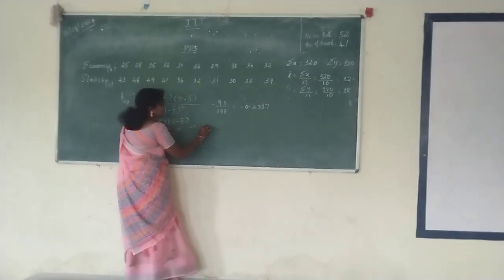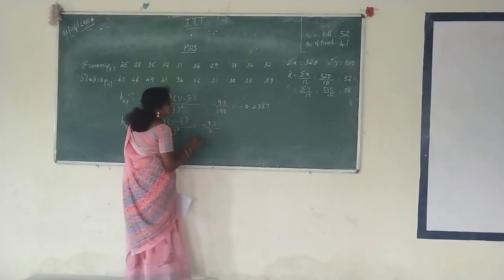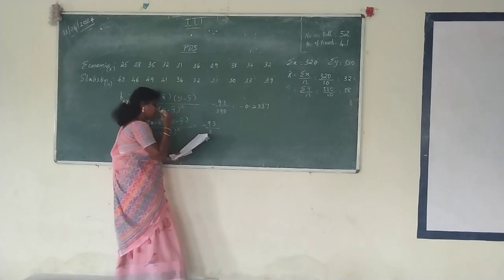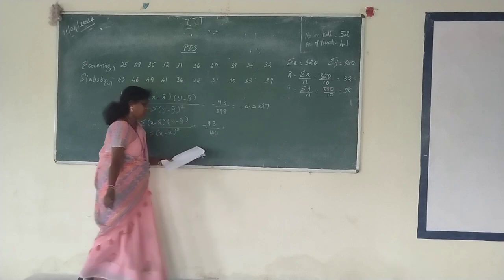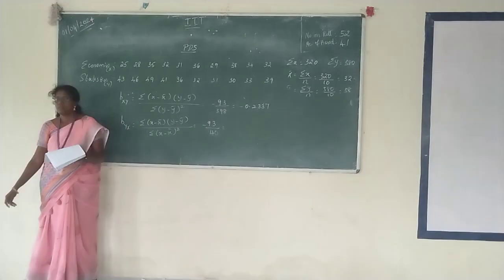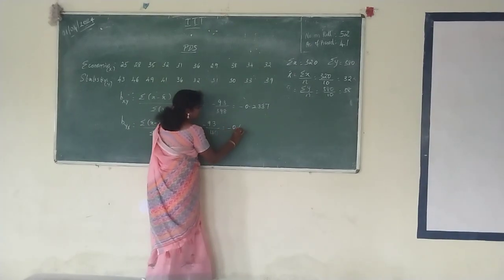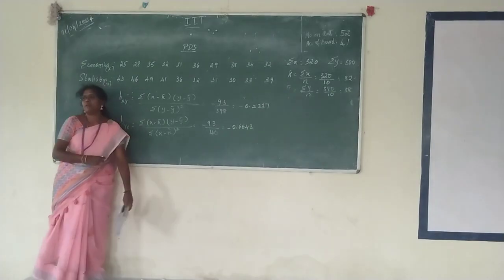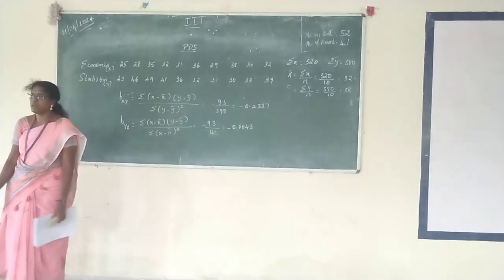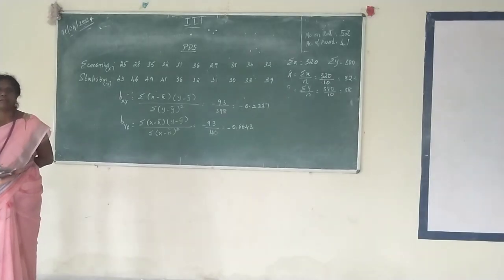So minus 93 divided by, what is the total of x minus x bar the whole square? 140. So minus 0.6642. Always you people are missing the round off. I told you already before classes: if the next decimal place is greater than or equal to 5, add 1 to the previous one.